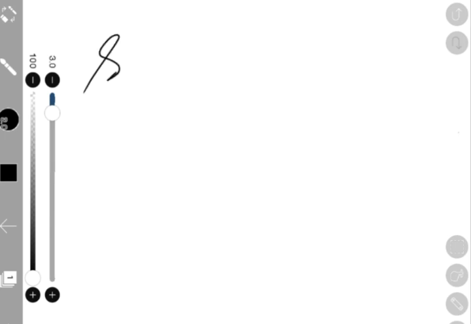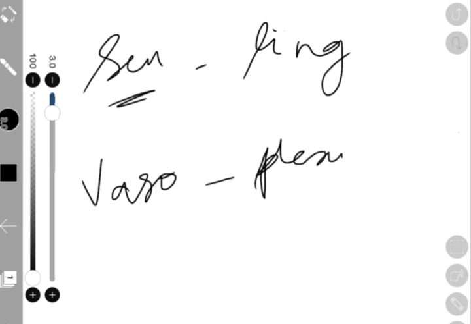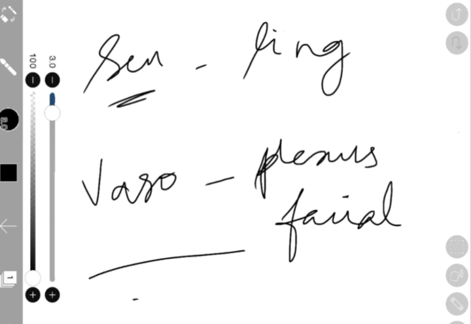And then the sensory supply is given by the lingual nerve. And we also see one other supply, the vasomotor supply. The vasomotor supply is by the plexus around the facial artery. The facial artery supplies the gland. So consider this as your facial artery.